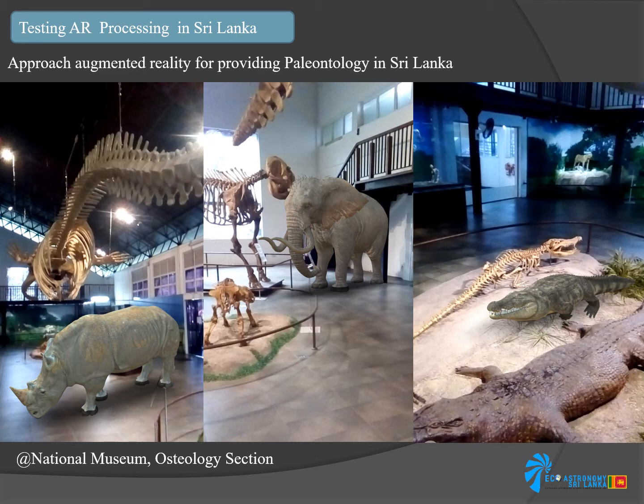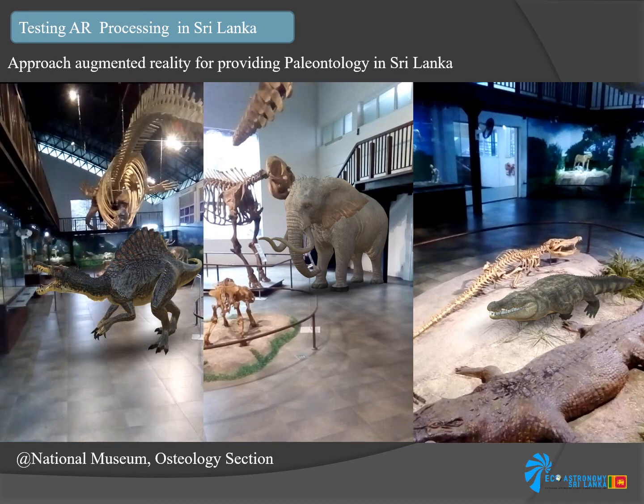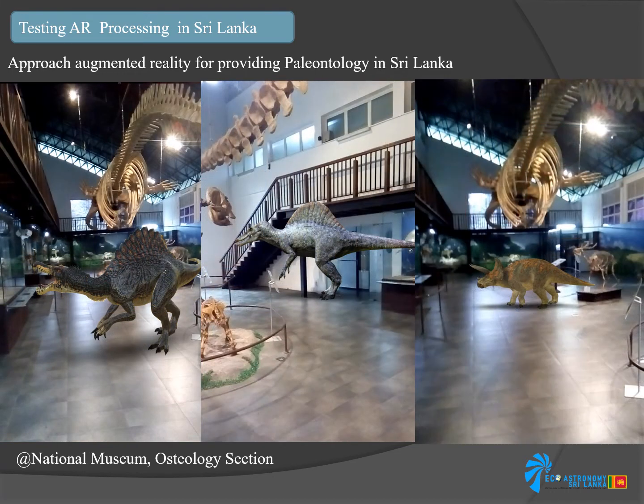It added some uniqueness to the whole section. The most important point is that after developing all the R&D platforms relevant to this application, it is so easy for anyone to synchronize into any real place. So here again, that dino sample has been synchronized inside the auxiliary sections at the National Museum, Sri Lanka.